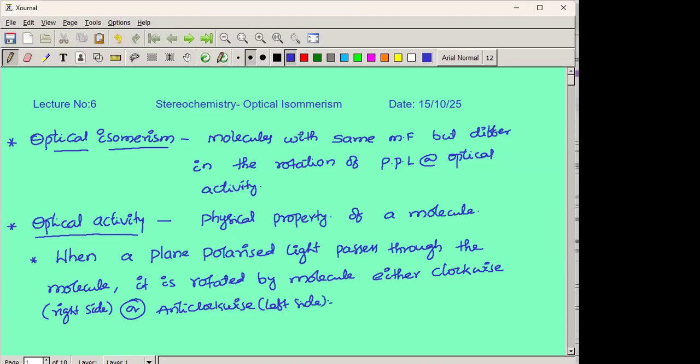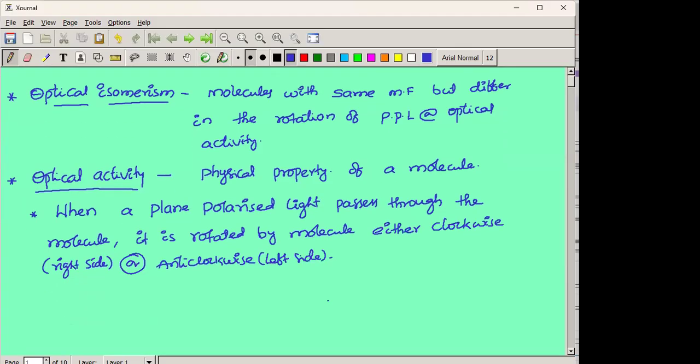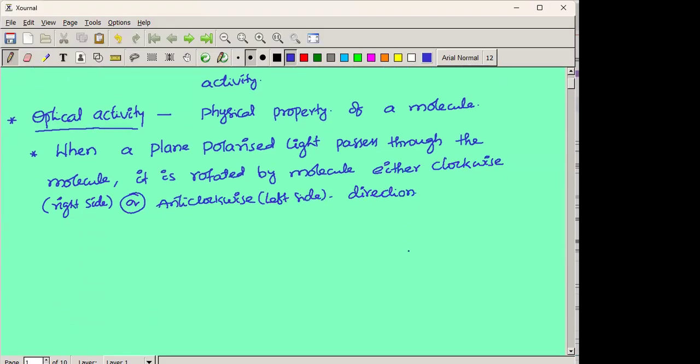So that property is called optical activity.